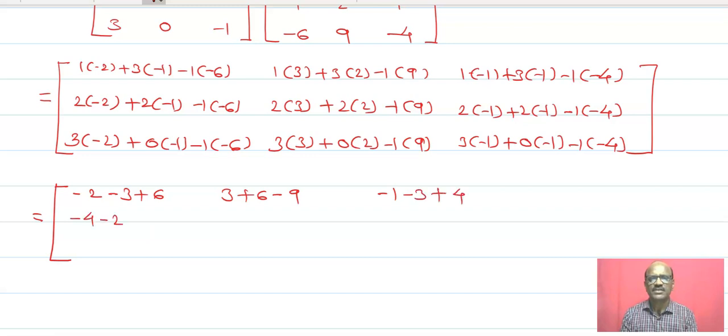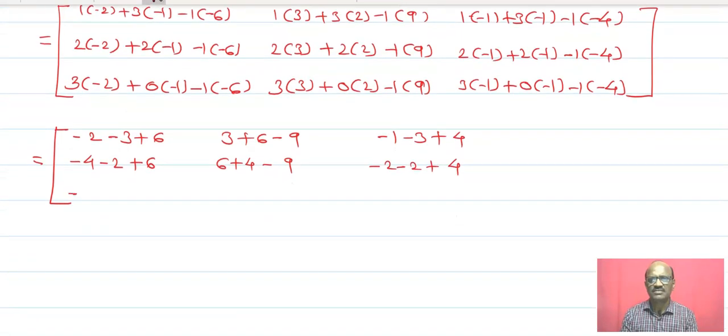That is -2, -3 plus 6, 3 plus 6 minus 9, -1 minus 3 plus 4, -4 minus 2 plus 6, and all the elements. Now we will get the identity matrix there.